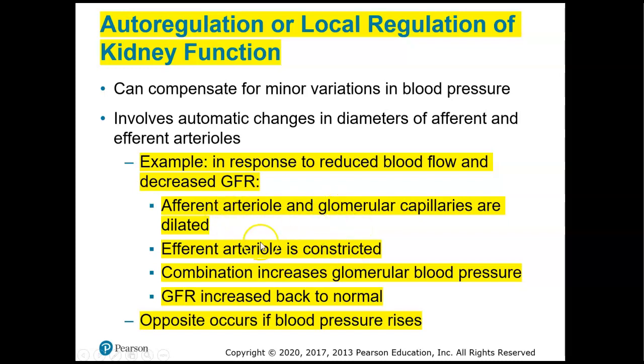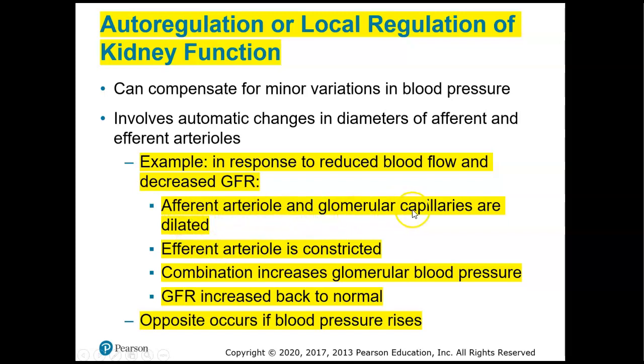That's a combination of things that's going to raise the actual blood pressure in the renal corpuscle and increase the GFR. Afferent arteriole and glomerulus are dilated, efferent arteriole constricted. This increases glomerular blood pressure, and the GFR increases back to normal. If the blood pressure rises, the exact opposite occurs.